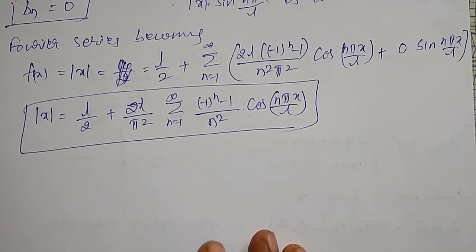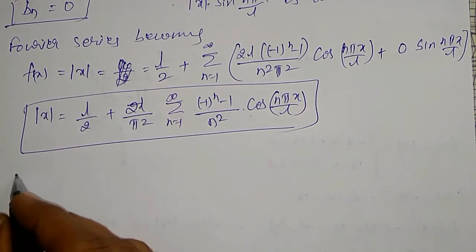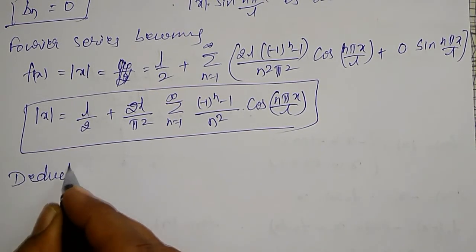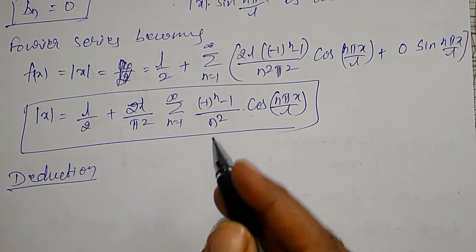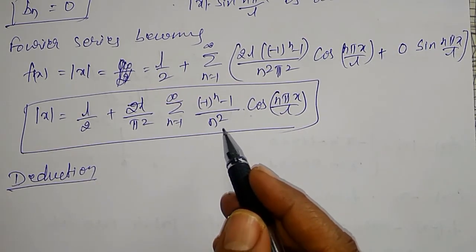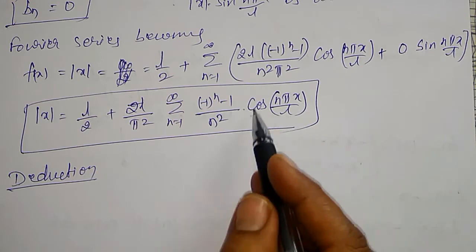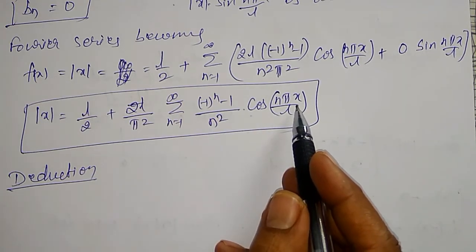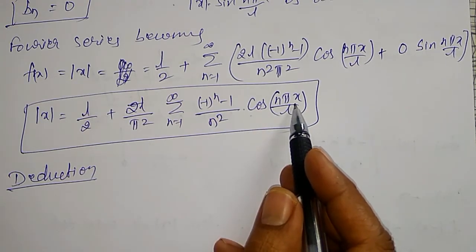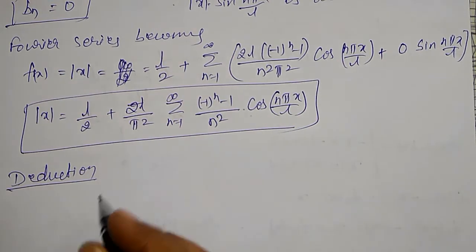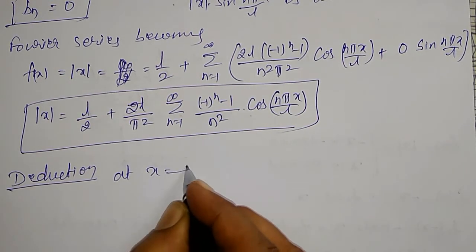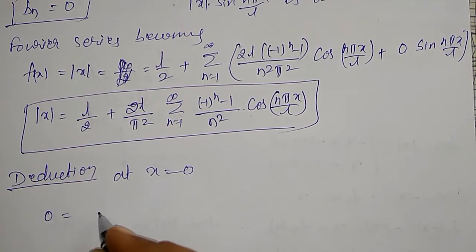From this Fourier series we have to deduce a result. How can I do the deduction? I want 1 by 1 square, 1 by 3 square and all those things. For which value of x does it become 0 here? For x equal to 0. Let us check. At x equal to 0, left hand side is also 0.